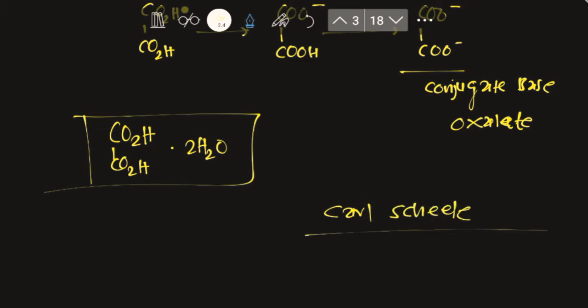In 1776 he prepared the first method of making oxalic acid, by treating sugar with nitric acid. That's why that method is called Zuckersäure, which means from sugar acid. So these are some introductory points about this dicarboxylic acid.